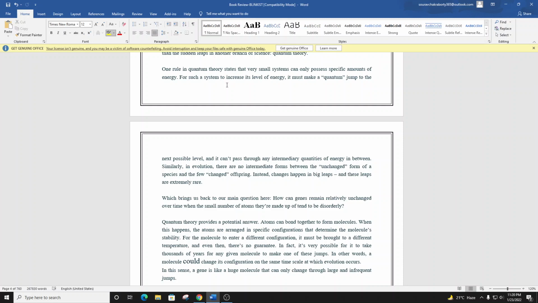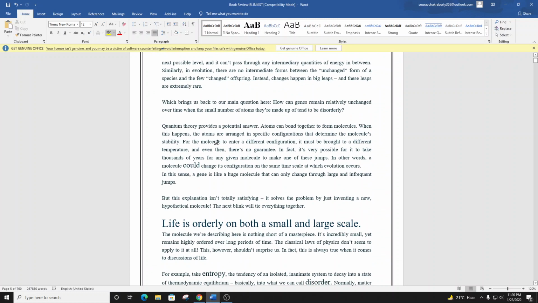For such a system to increase its level of energy, it must make a quantum jump to the next possible level, and it can't pass through any intermediary quantities of energy in between. Similarly, in evolution, there are no intermediate forms between the unchanged form of a species and the few changed offspring. Instead, changes happen in big leaps, and these leaps happen extremely rarely.